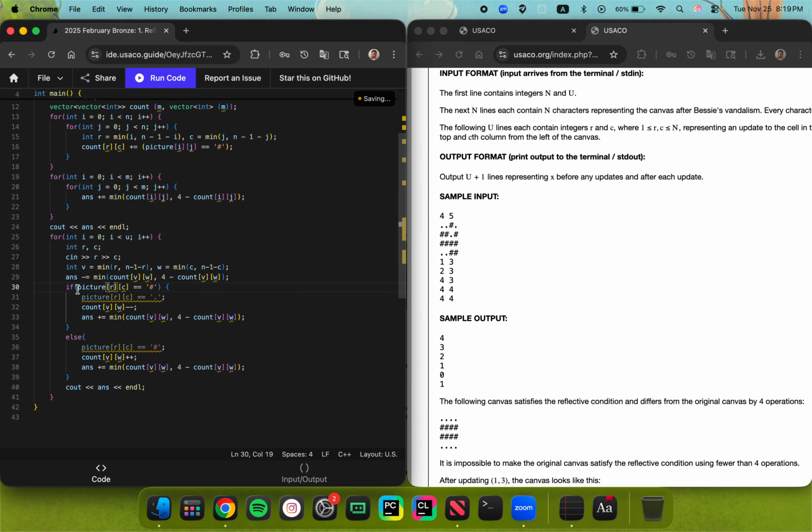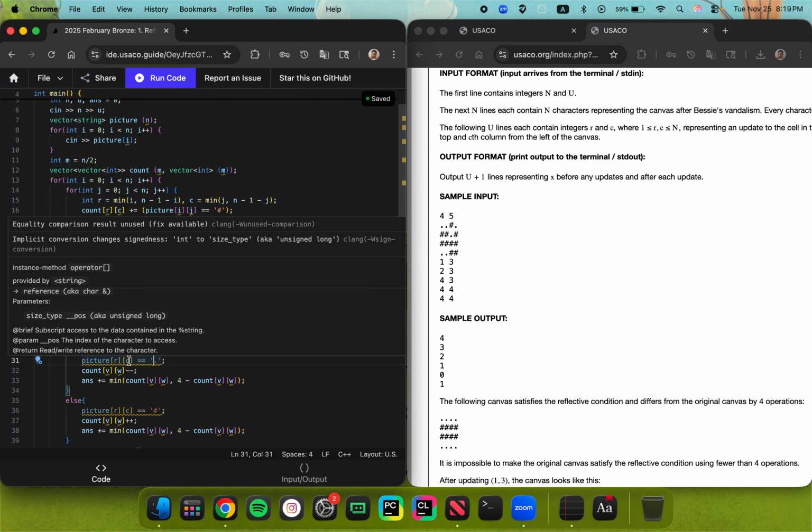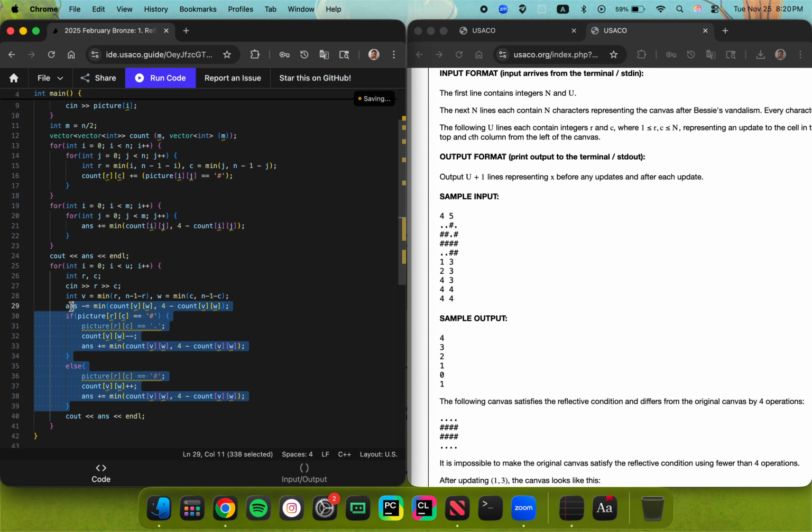Okay. If this one is equal to hash, into a dot. Because of this? Oh, I know it shouldn't be because of that.